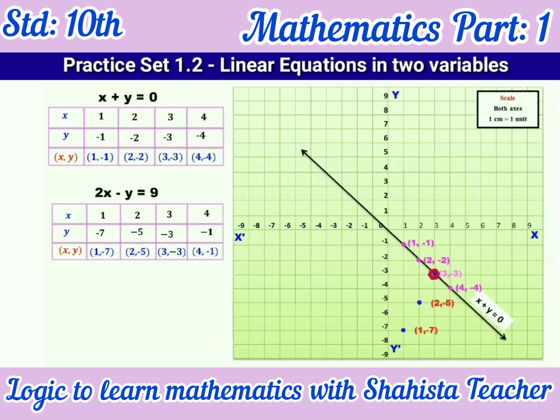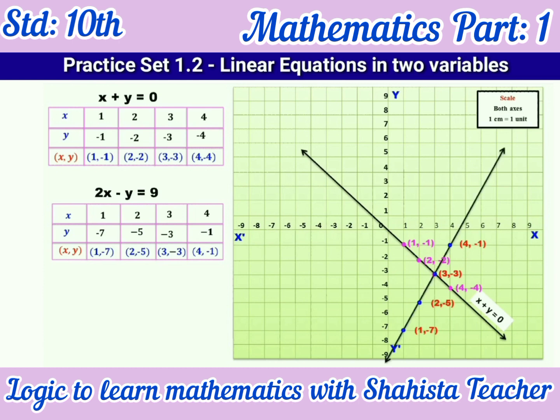See here it is repeating: first equation as well as second equation has 3 comma minus 3. Afterward 4 comma minus 1. See all the 4 blue points? Now again we have to join all these 4 points by drawing a straight line.